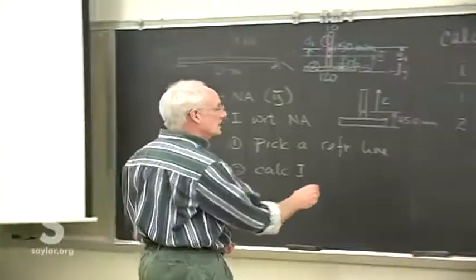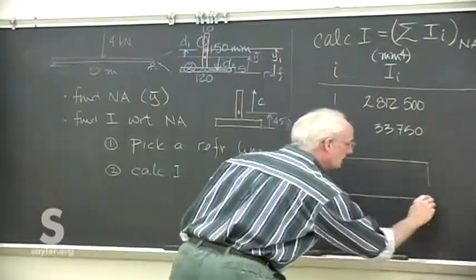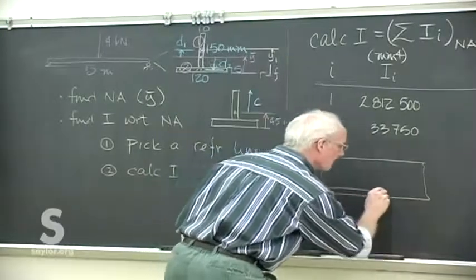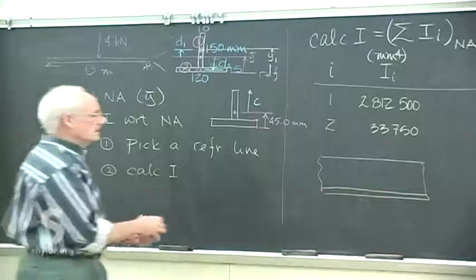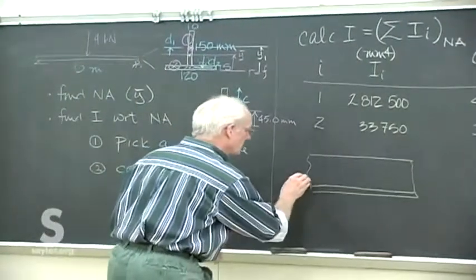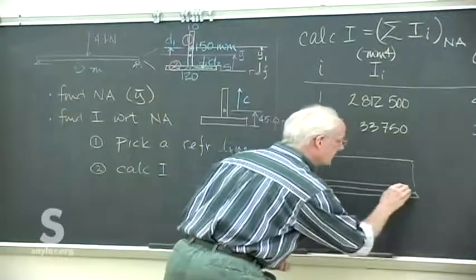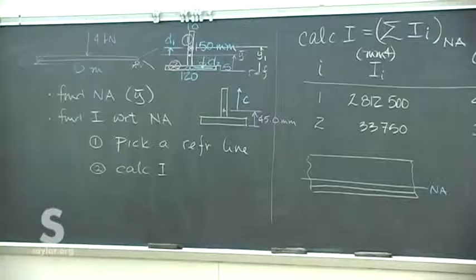But now we can draw in cross-section our distribution of the stress. We know the neutral axis to be at 45 millimeters up from the bottom. Just happened to be where we picked our reference.